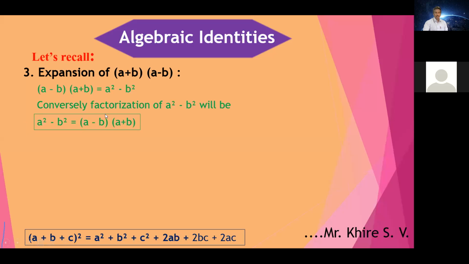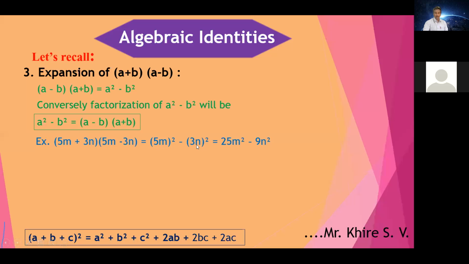This is the algebraic identity. You have to remember this. A square minus b square is equal to a minus b into a plus b. For example, 5m plus 3n into 5m minus 3n is equal to the square of the first term minus the square of the second term.